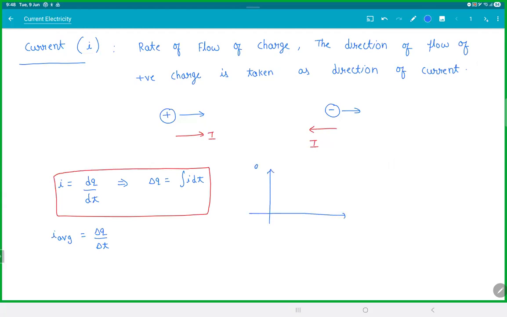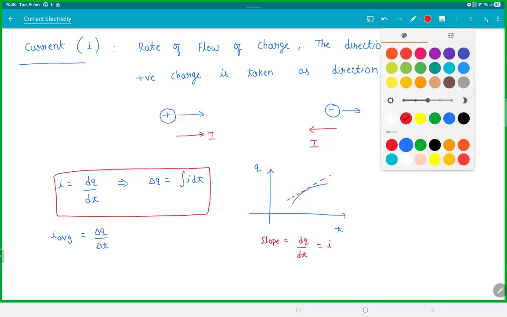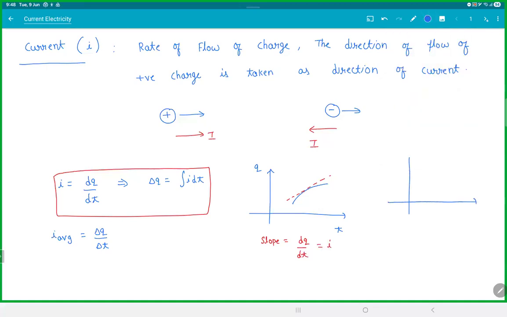If you take a graph between charge and time, in a q-t graph, the slope will give you current. In a current versus time graph, the area under the curve, where area above is positive and area below is negative, is integral I dt.